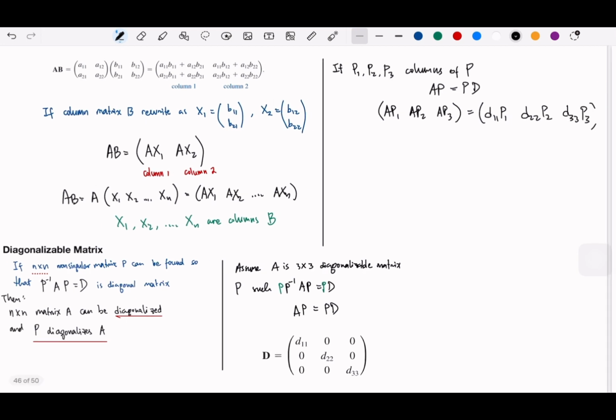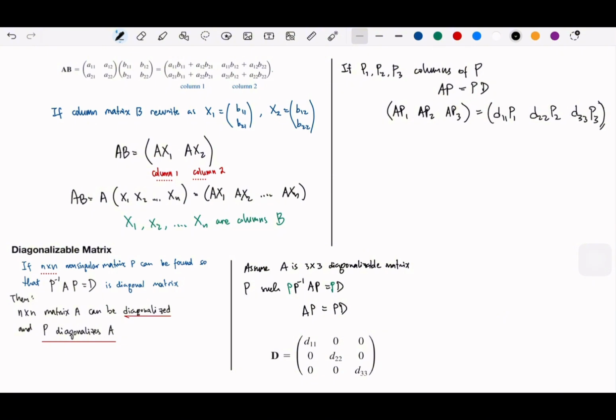Okay. So we could see that we have AP1 is that, and all with each diagonal and P.